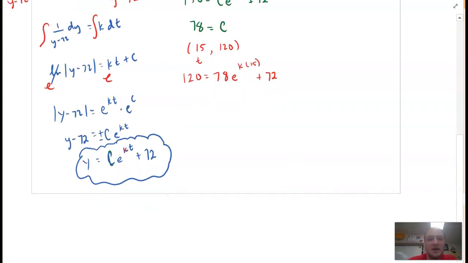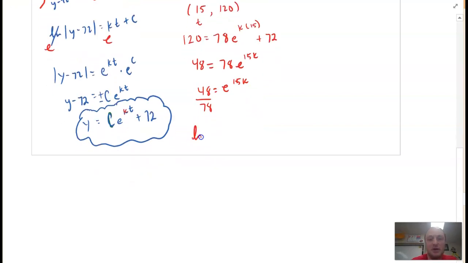So again, kind of the same process. We'll subtract 72 on each side, so we get 48 is equal to 78 e to the power of 15k. We'll divide by 78 on each side. And then we'll get rid of the e by taking the natural log of each side. 15k. And then we'll solve for k by dividing by 15 on each side.